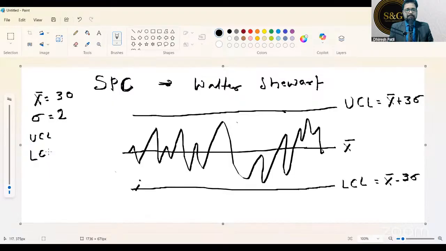Can you do this mathematical calculation and give me the answer in the chat box? I've given you the formula. I've given you the numbers. X bar is 30, standard deviation is 2. Very simple calculation. Can you just quickly give me so that your funda should be clear? UCL is 36 and LCL is, very nice.